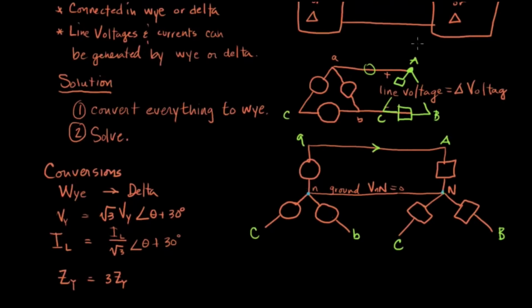And the load are uppercase letters. Okay, so you'll know when you're dealing with a Y-connected load if you're given an impedance labeled A to N. And you'll know that you're dealing with a delta load if you're given an impedance with AB, AC, BC, whatever. Okay?